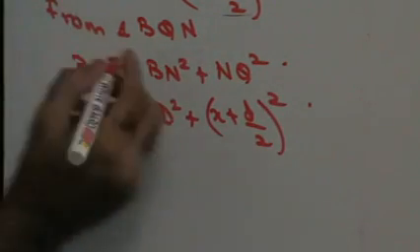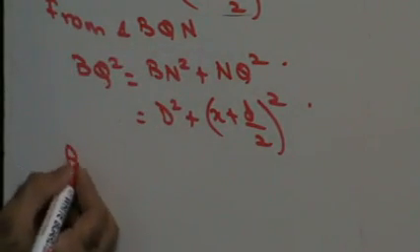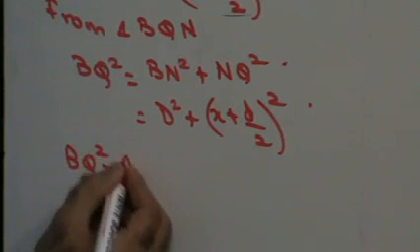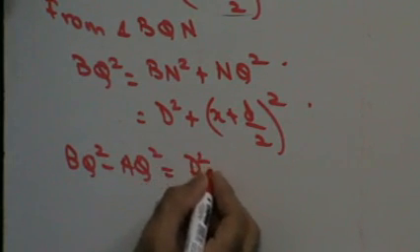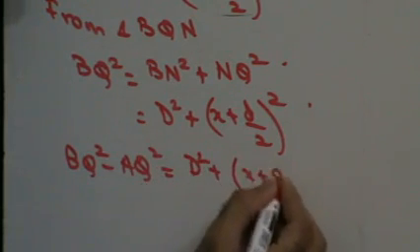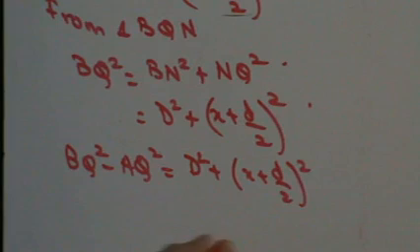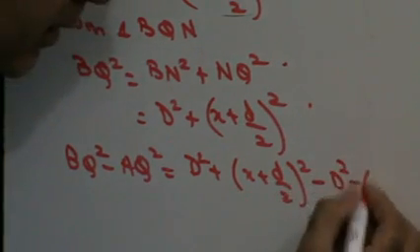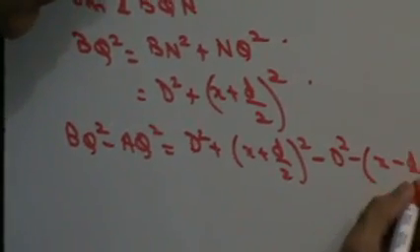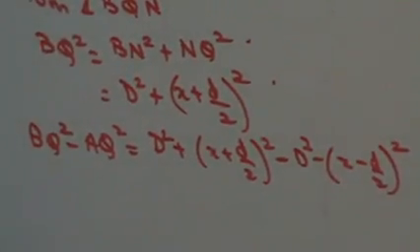Now I can subtract the two equations. Therefore, BQ square minus AQ square will be D square plus (x + d/2) the whole square, minus D square minus (x − d/2) the whole square. I'm subtracting the two equations. D square minus D square gets cancelled.